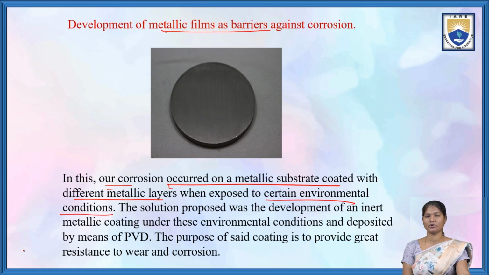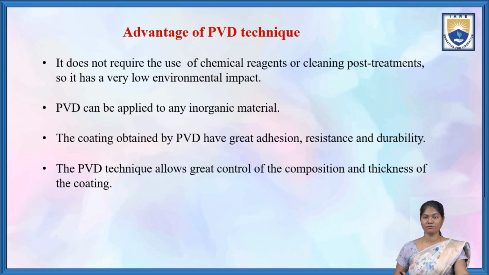The solution proposed was the development of an inert metallic coating under these conditions, deposited by means of the PVD, physical vapor deposition method. The purpose of the coating is to provide resistance to wear and corrosion. These are the two best examples for this physical vapor deposition technique.